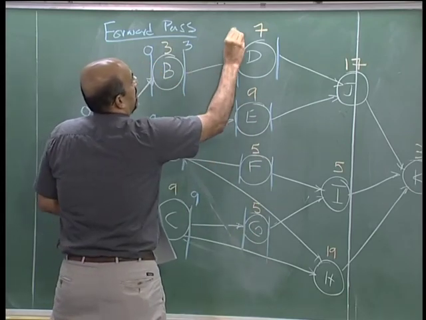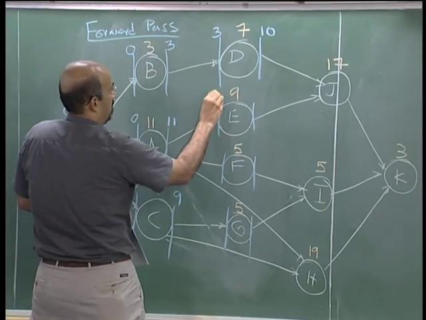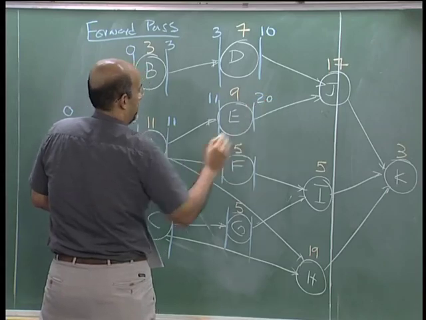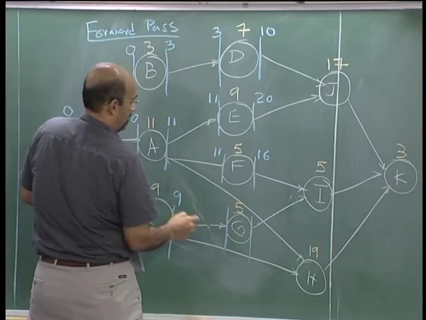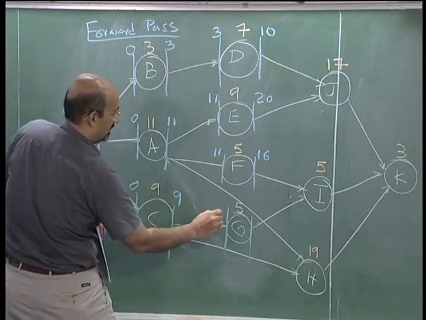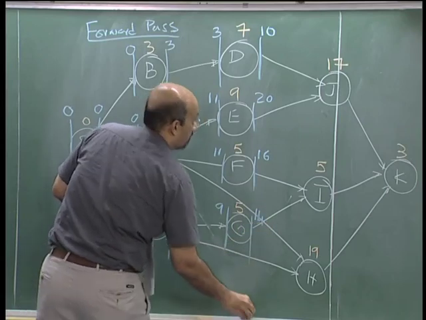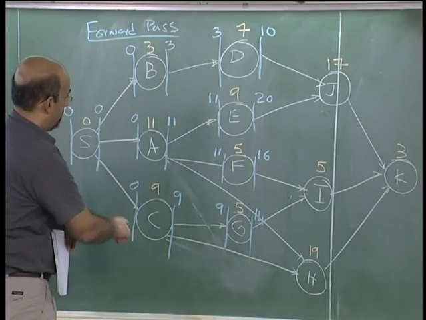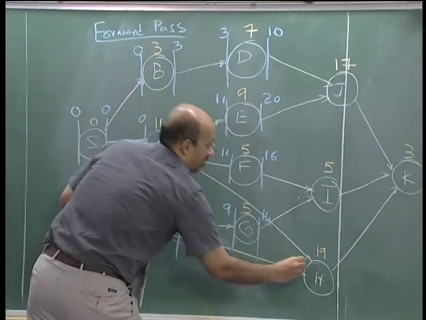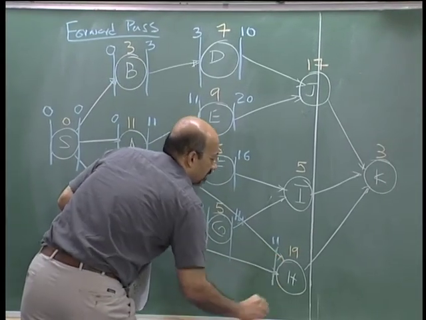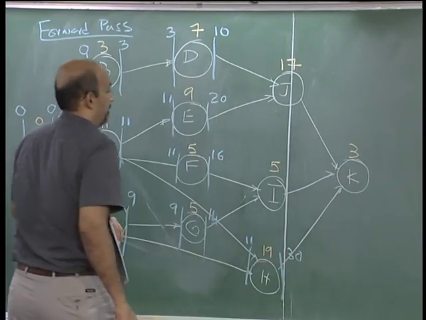D is 3, 10. E is 11, 20. F is 11, 16. G is 9, 14. Good. Now we come to H. H has two predecessors, 11 and 9. We take 11 because it's the later one, so 11, 30.